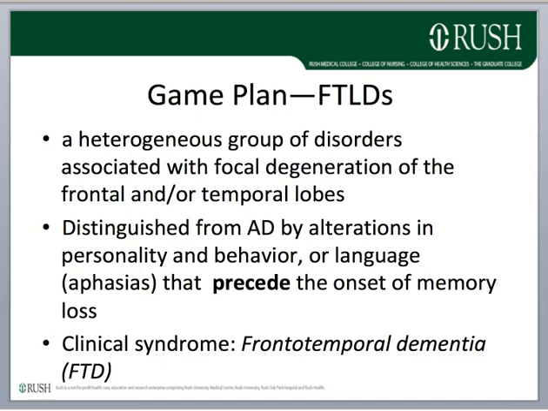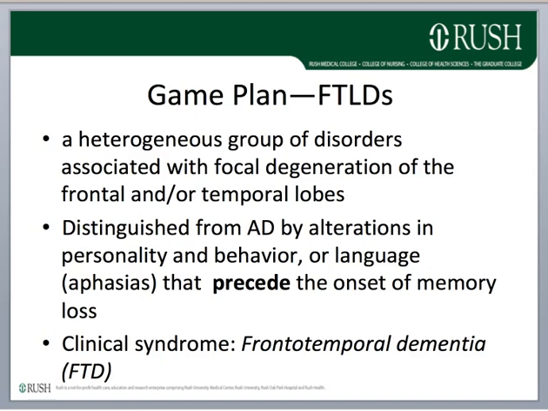Alright, so let's summarize. This is my game plan for studying FTLDs. These are a heterogeneous group of disorders associated with focal degeneration of the frontal and/or temporal lobes. They're distinguished from Alzheimer's disease by alterations in personality and behavior, or alterations in language in the form of aphasias, that precede the onset of memory loss.